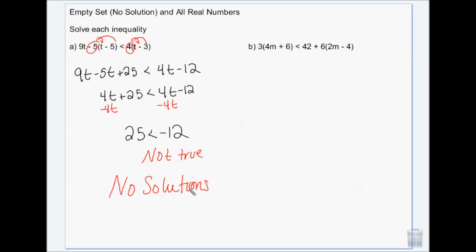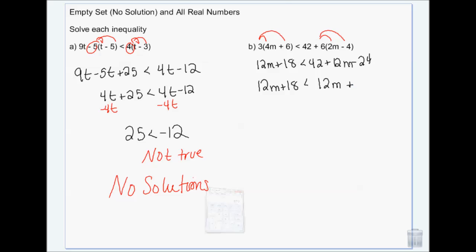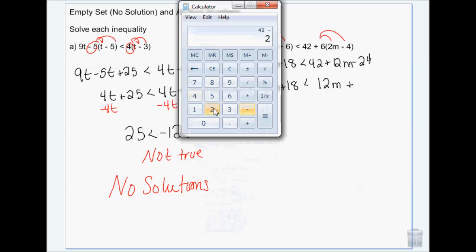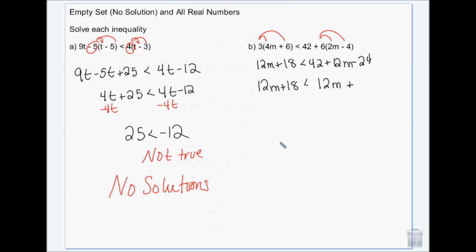Or, you can distribute this 3 and this 6. Okay, so I get 12m plus 18 is less than 12m plus 18.